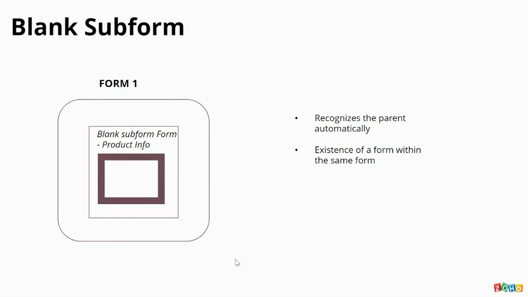If you want to introduce the product information within form 1, we can add the blank subform and add the product information. That is, the blank subform exists within the parent, within the same form. So it'll automatically recognize the parent-child relationship. You don't have to set it manually. It'll be considered as one of the fields within the form.